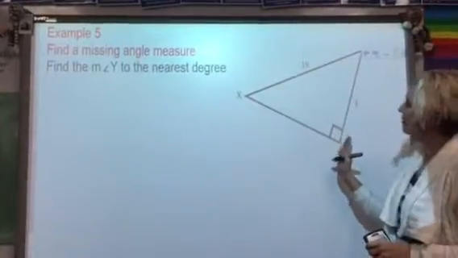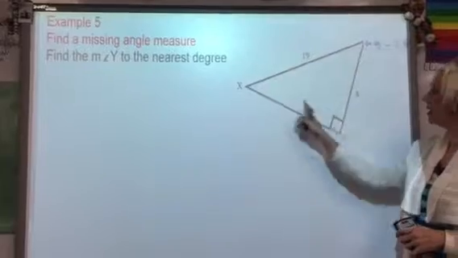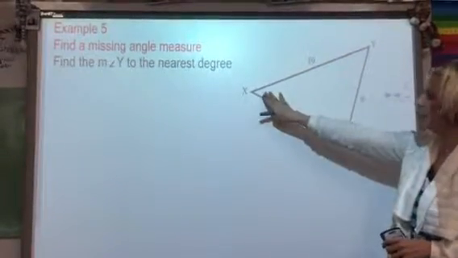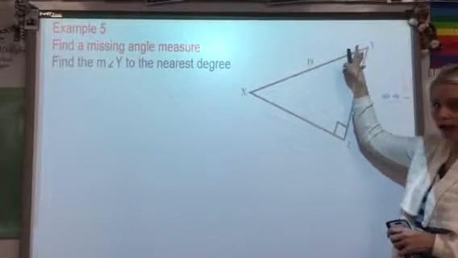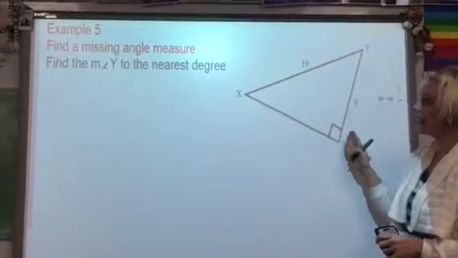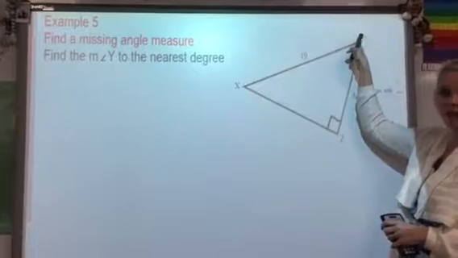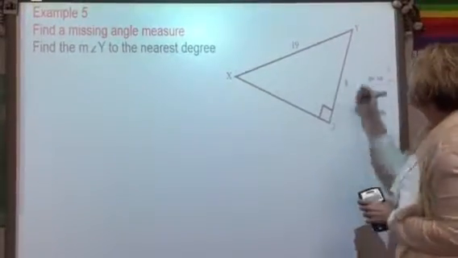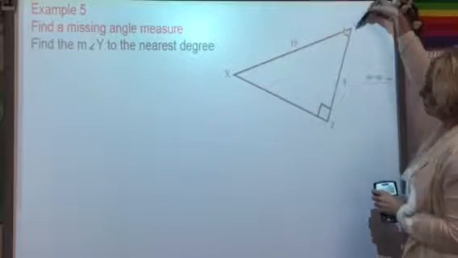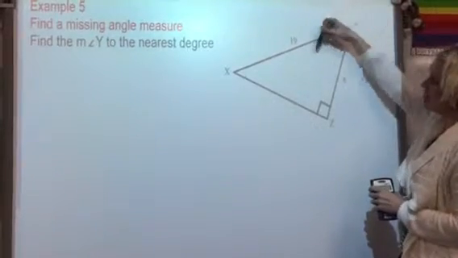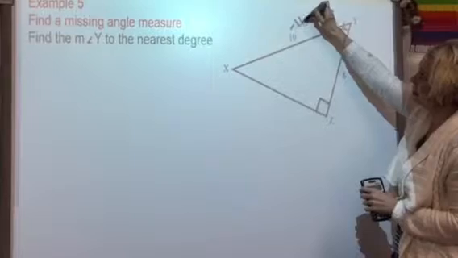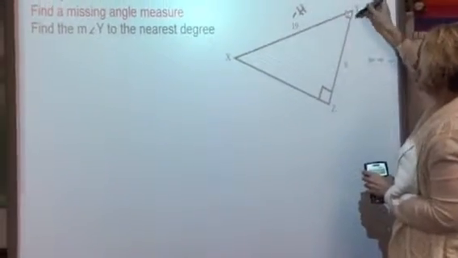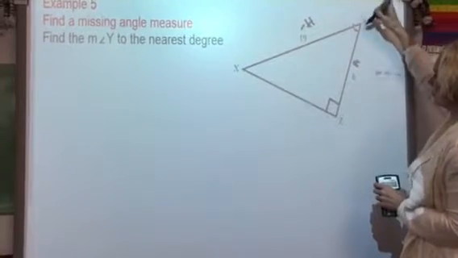So if I have sides and I am missing angles, and in this case I know this is 90, but I don't know angle X or angle Y, what I can do is find the measure of angle Y using what numbers I have left. So look at angle Y. What we have on angle Y is a hypotenuse here, and we have something next to, which is adjacent here.